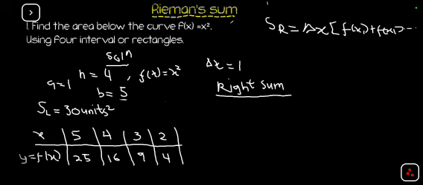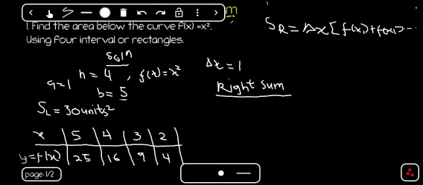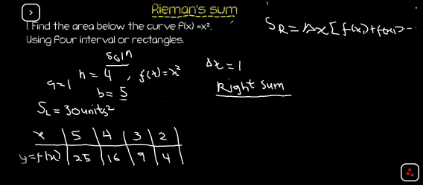So let's continue from the values they give us and the ones to be found, and input them inside. So change in x, which is 1, and then let's sum the values. f of x, which is 25 plus 16, and then plus 9, and then plus 4.